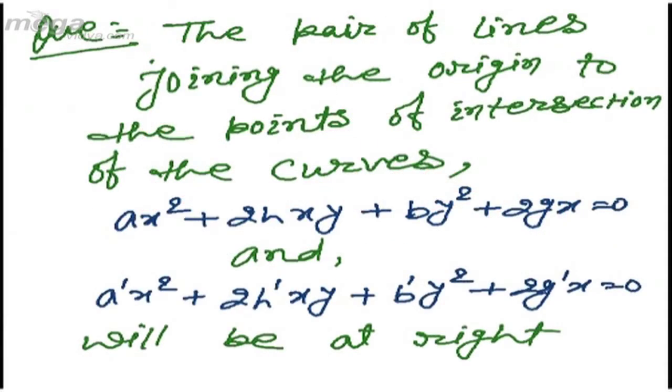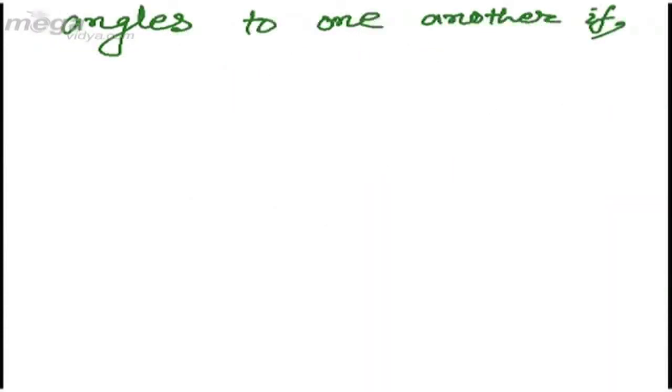So student, the question is: the pair of lines joining the origin to the points of intersection of the curves ax square plus 2hxy plus by square plus 2gx equal to 0 and a dash x square plus 2h dash xy plus b dash y square plus 2g dash x equal to 0 will be at right angles to one another if.